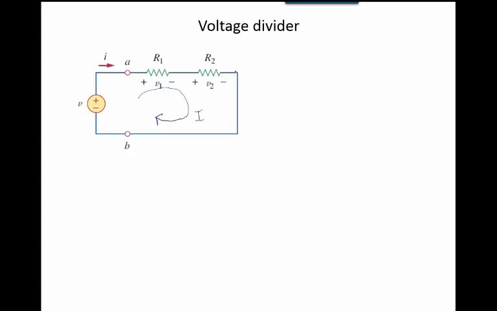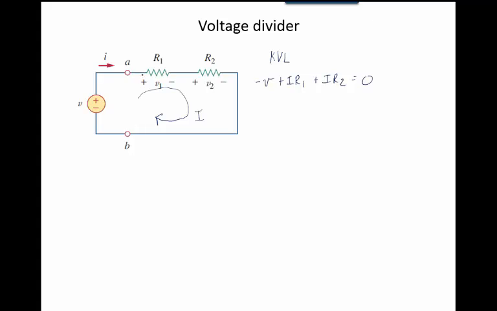Each resistor dissipates power. So I'm going to write KVL for this circuit. I have minus V plus I R1 plus I R2 equals 0. So that's KVL, and I just look at what sign I hit first. The voltage supply, I hit a minus sign.